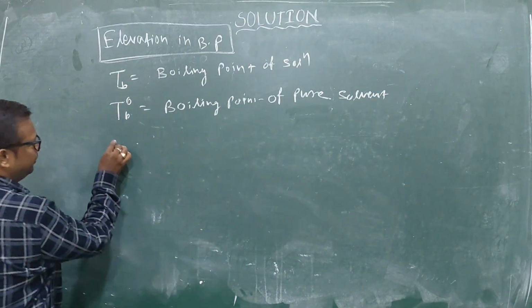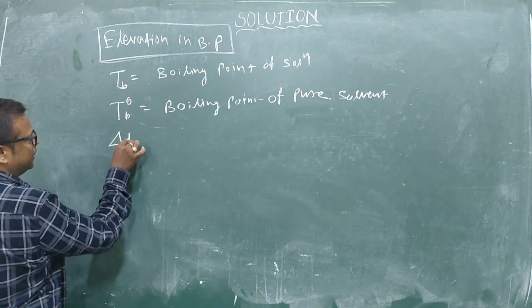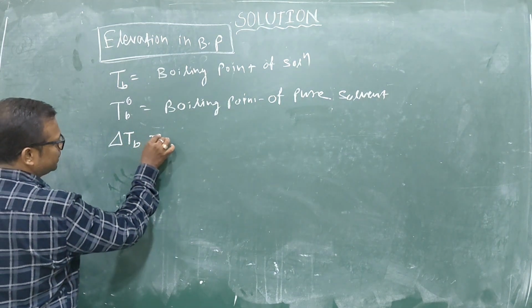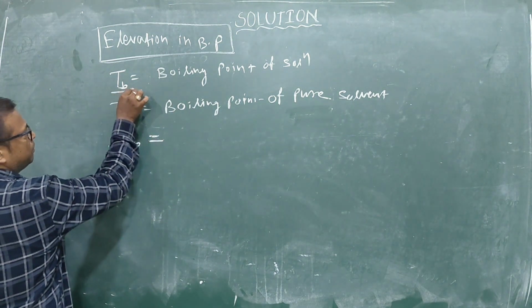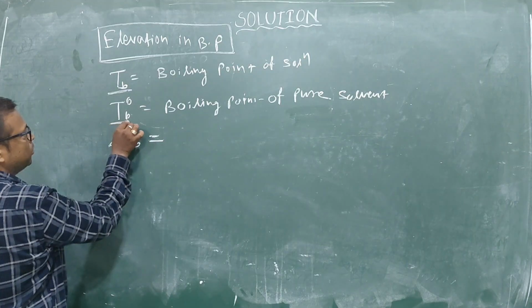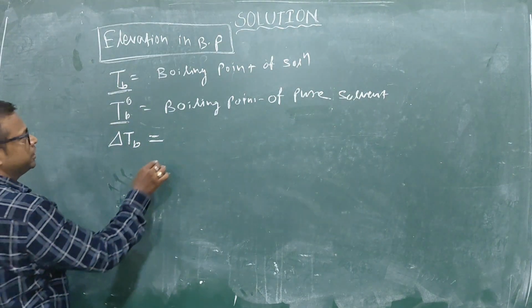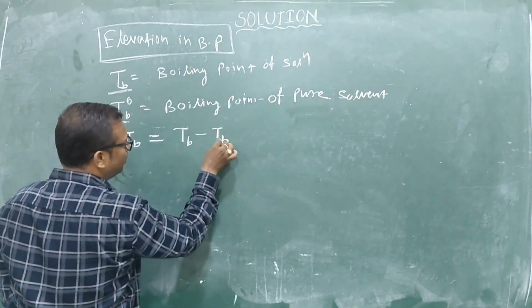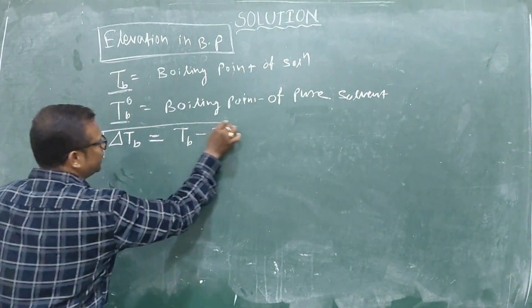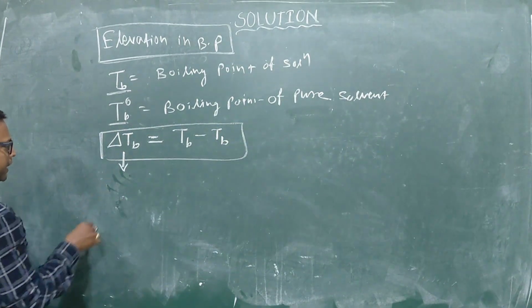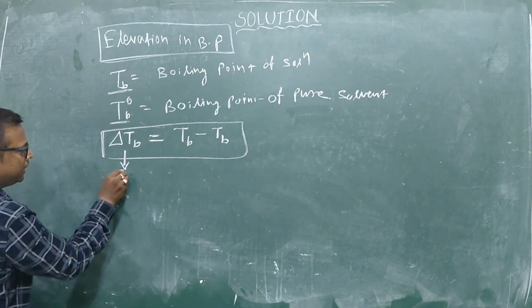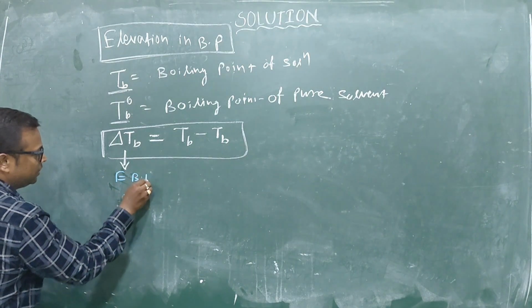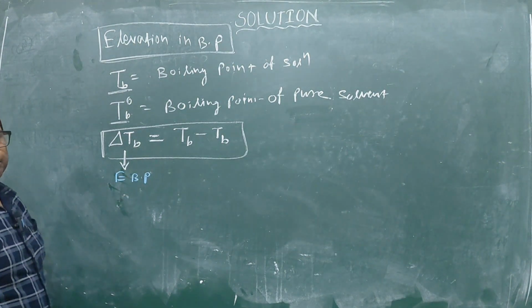So what will be the difference? Delta TB is the difference, meaning boiling point of solution minus boiling point of pure solvent, that is TB minus T naught B. This delta TB is known as EBP, elevation in boiling point.